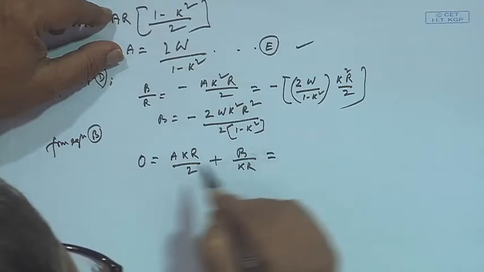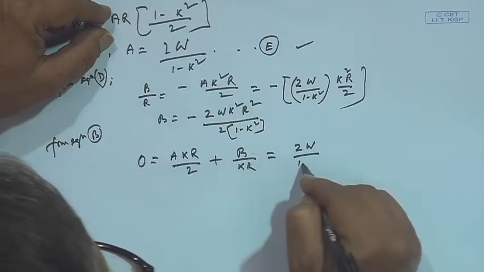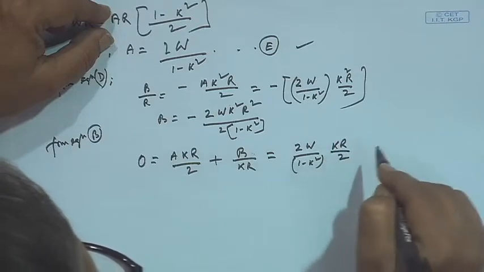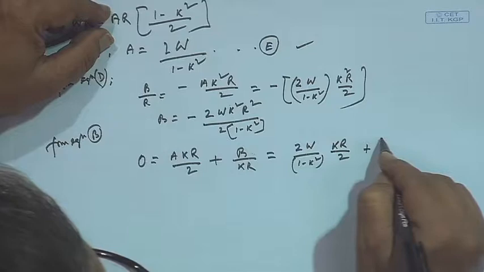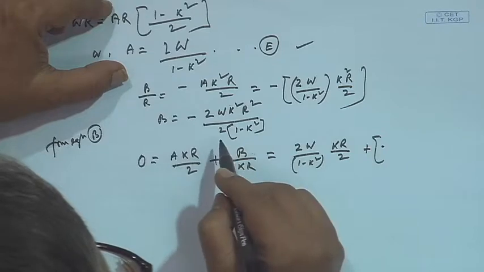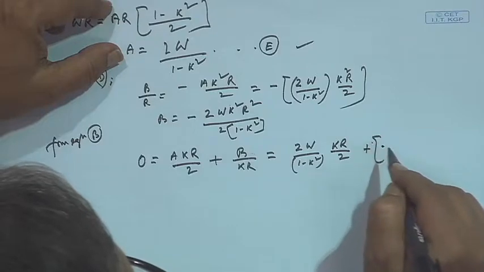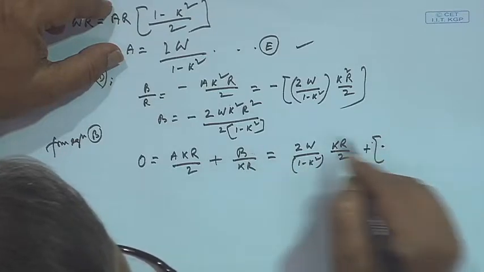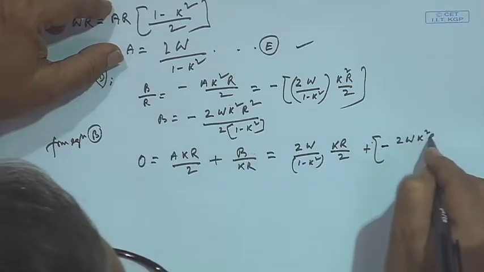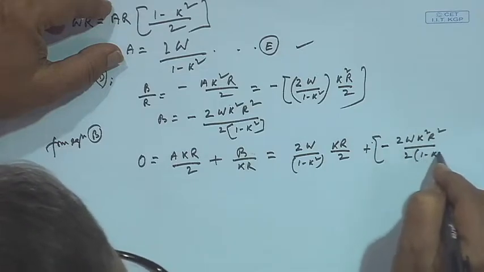So, this is equal to the value of A we know, which is 2 omega by 1 minus k square, times k R by 2, plus, this is minus, we are substituting B by k R, right. So, this is 1 by k R we will write afterwards. So, B is equal to minus 2 omega k square R square divided by 2 into 1 minus k square.